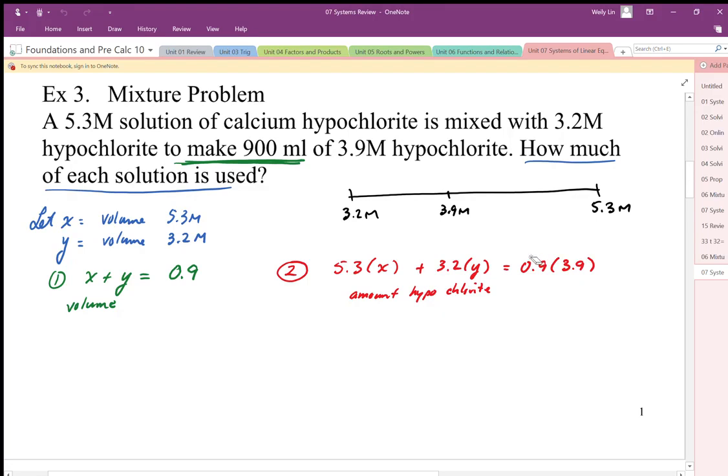We know the total volume, and we know the end concentration. So that's the total amount that we're going to end up with, and this is how we establish our system.